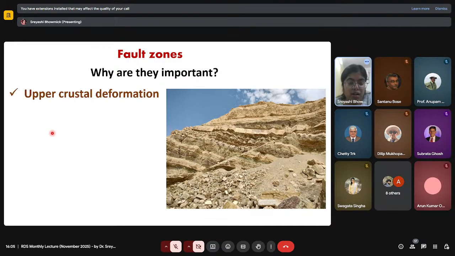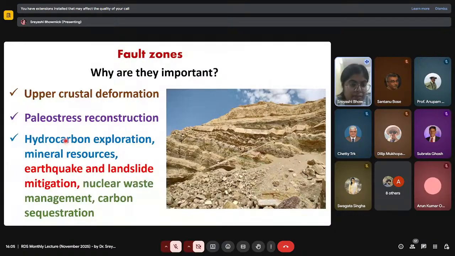First of all, fault zones give us a unique opportunity to study the upper crustal deformation, and we can also use the fault slip data for paleostress reconstruction. So if we are interested to know about the stress fields that prevailed in the geological past, then this fault slip data again gives us a unique opportunity.